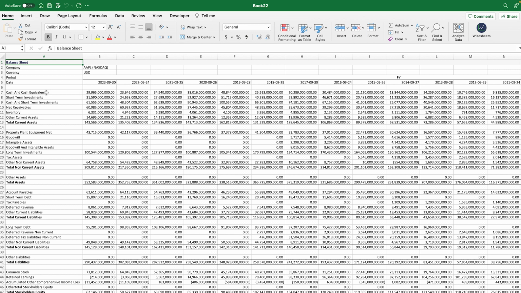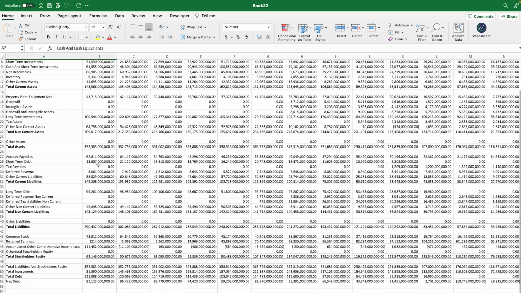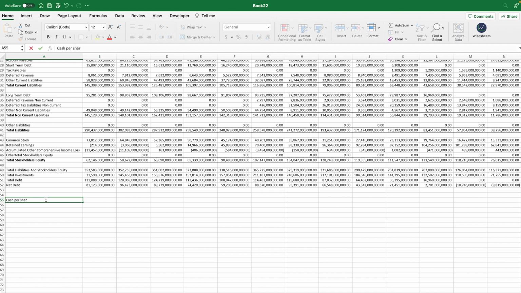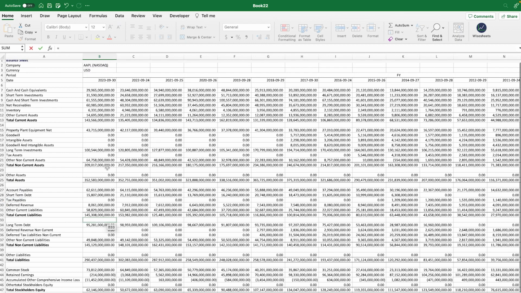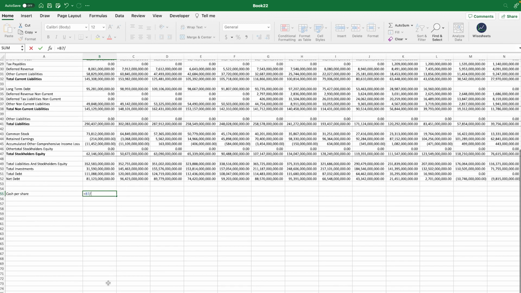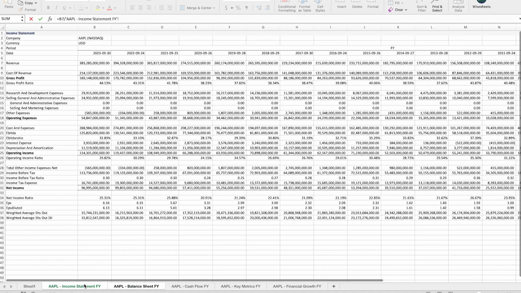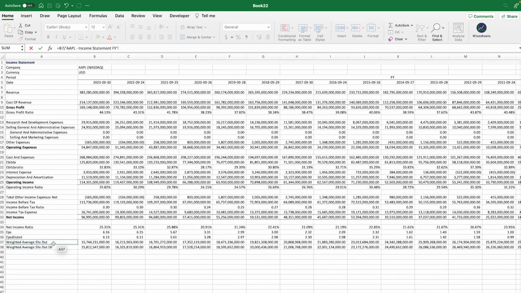As you can see, this is where we can find the cash and the cash equivalents of the company. So if we want to calculate the cash per share for the year 2023, we take the cash and the cash equivalents of the company, and then we divide this number by the number of shares outstanding. This number can be found right here on the company's income statement, and we're gonna take this number here.